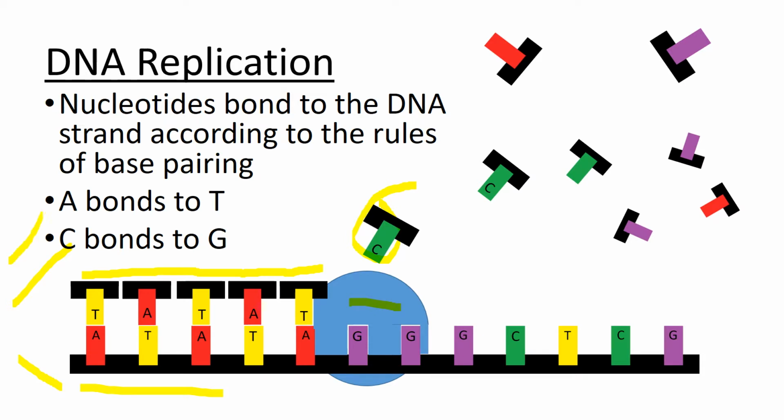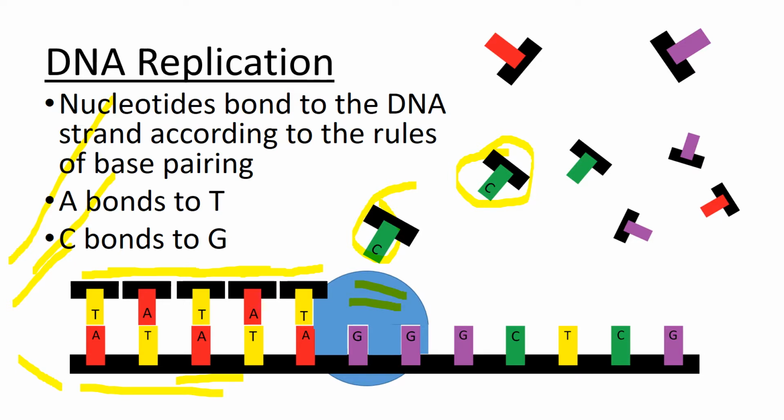And over here we have another original strand, and there's another new strand being created. If you can kind of imagine that. But over here we have our original strand with a new strand being created by the DNA polymerase attaching these free nucleotides.